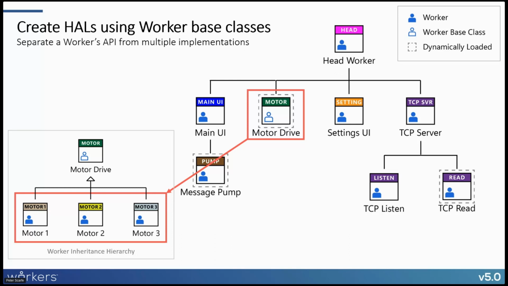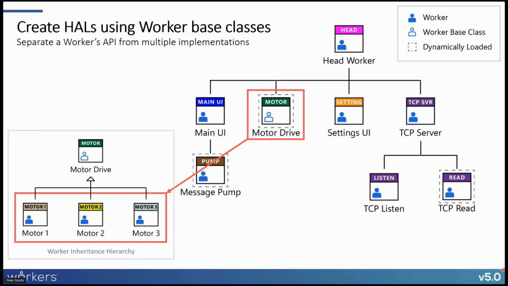And each worker provides a different implementation for the API that exists in the base class. What this allows us to do as developers is to create a fixed API in a worker base class, plug the API into our application, and then separately, later on, whenever, create the implementation for the API in one or more workers.